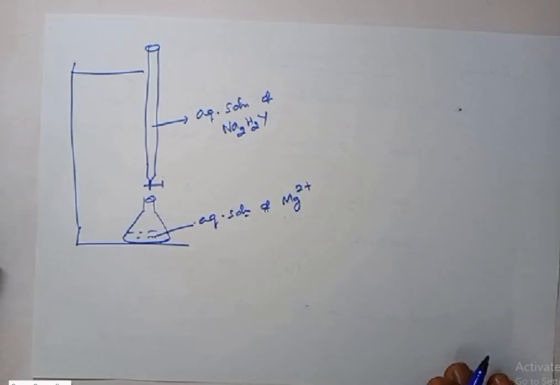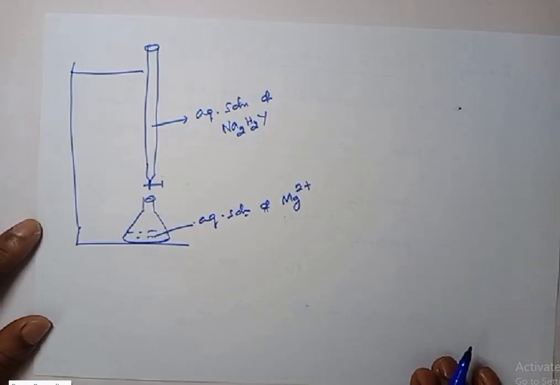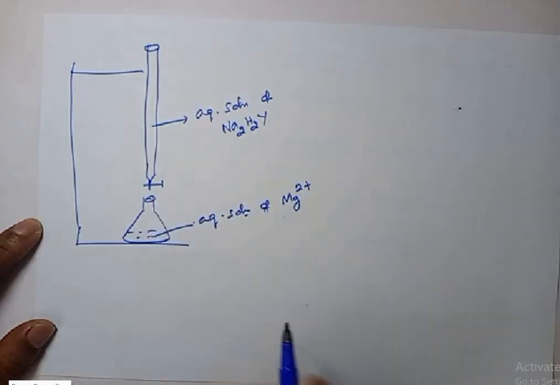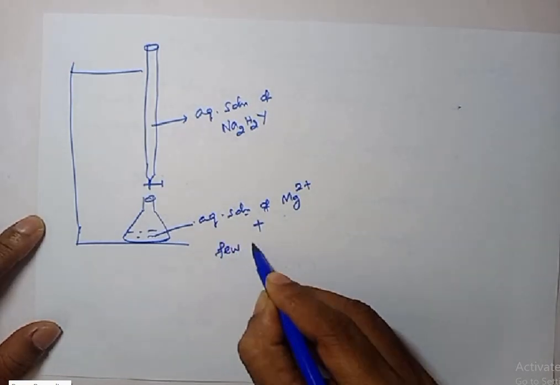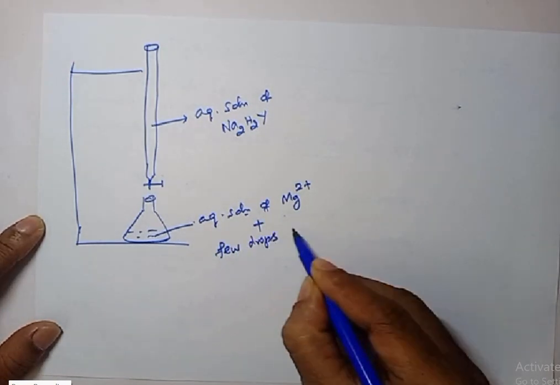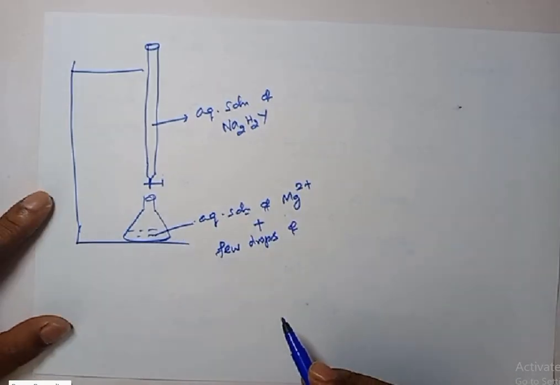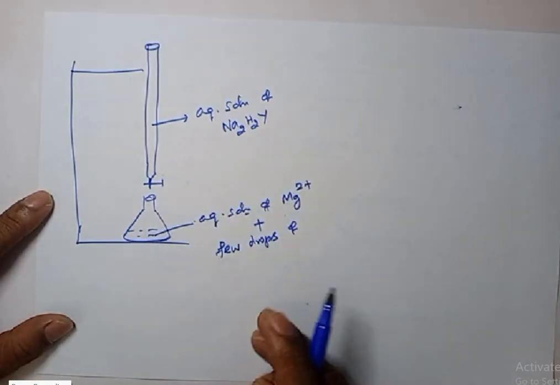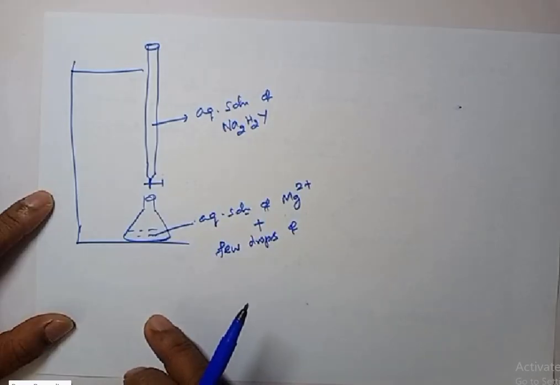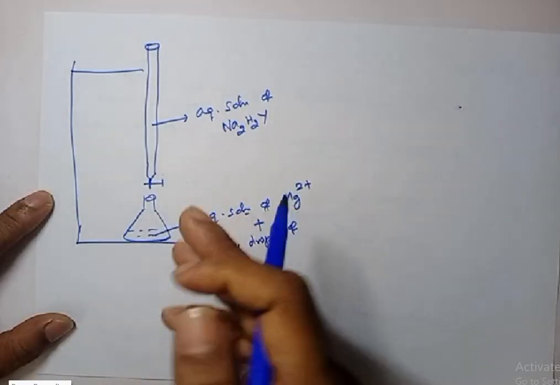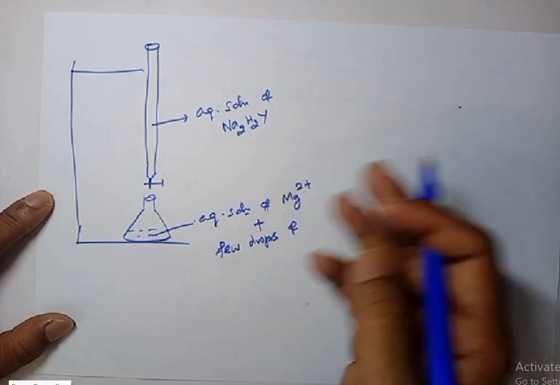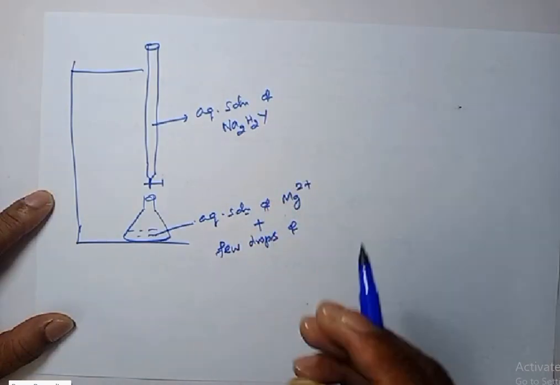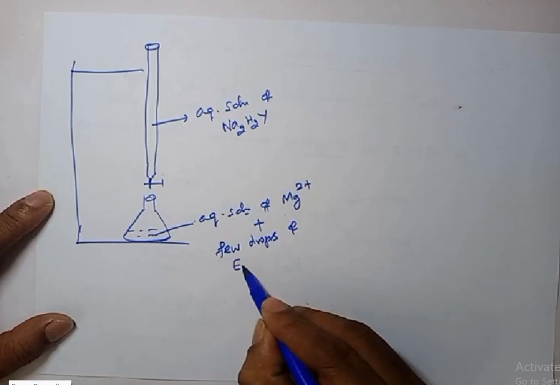Now before titration, we should add a few drops of indicator. Listen, for EDTA titration of magnesium, zinc, or calcium ions, we use a metallochromic indicator called eriochrome black T.